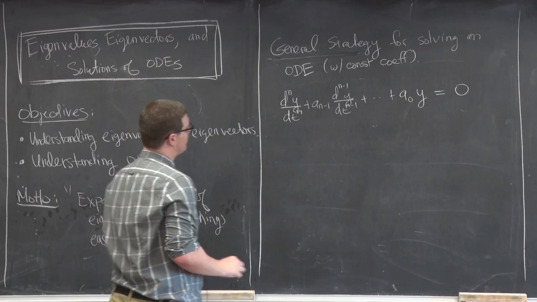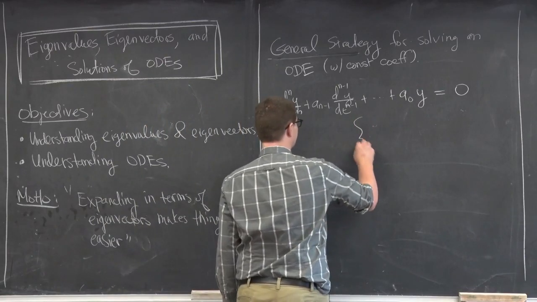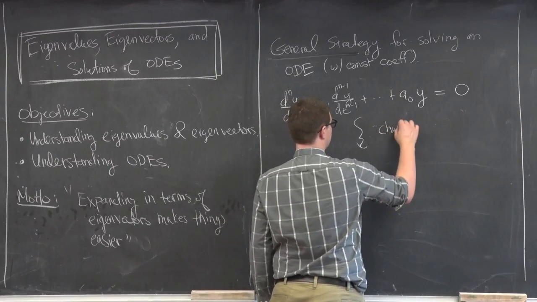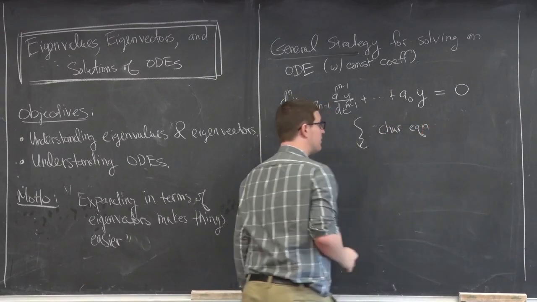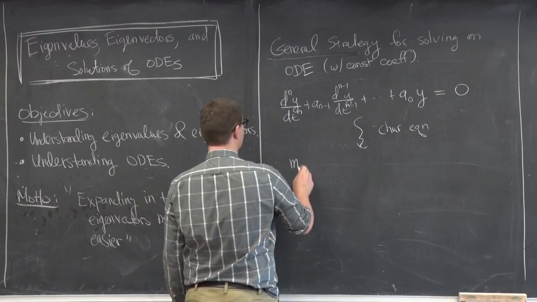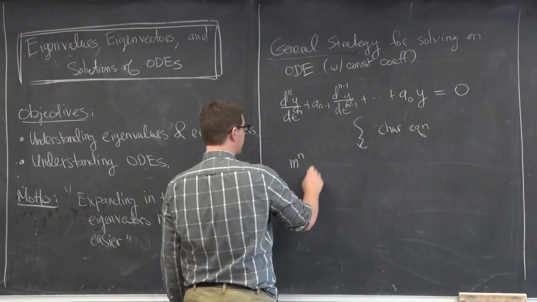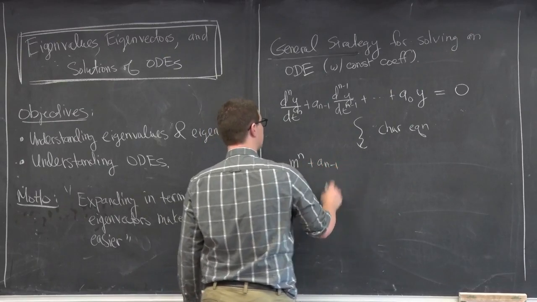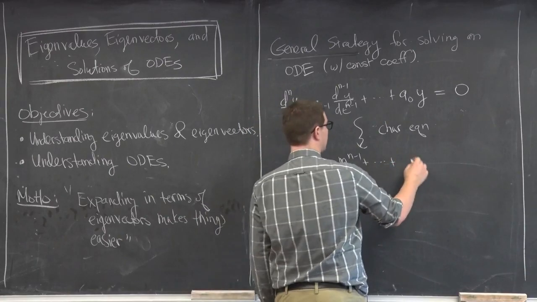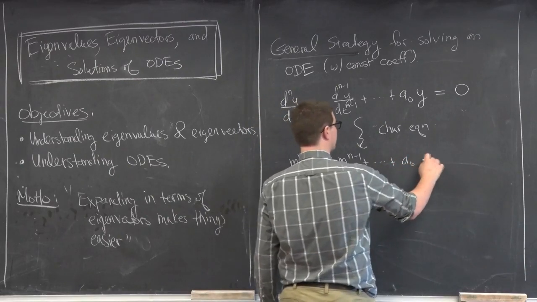And what we do is we find the characteristic equation associated to it. Here you get m to the n, or lambda to the n, and so on, plus A0 is equal to 0.